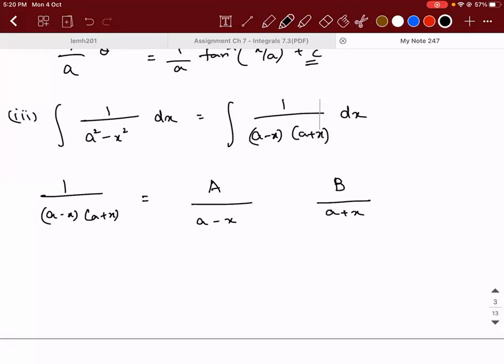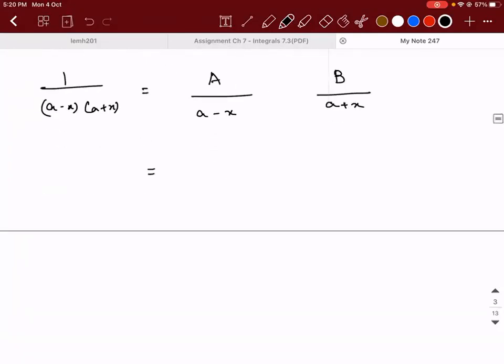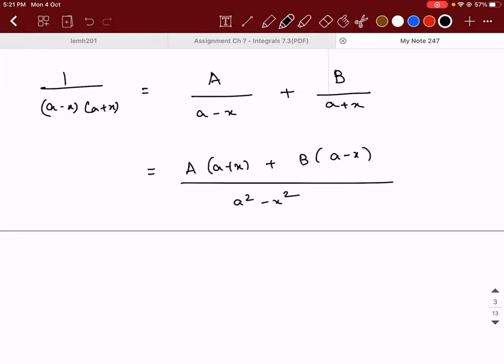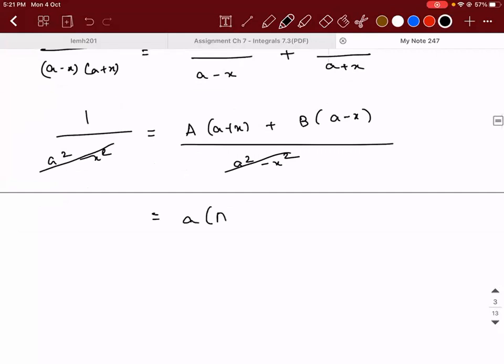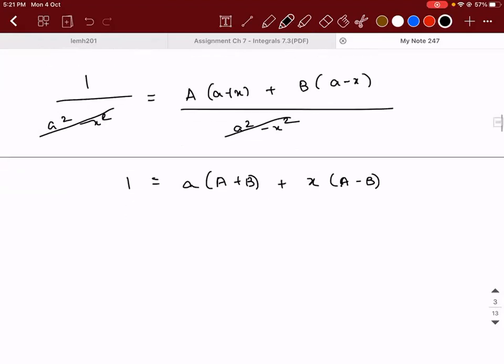What are we supposed to do? Capital A into a plus x plus capital B into a minus x divided by a square minus x square. This is 1 by a square minus x square. This and this will get cancelled. Small a into capital A plus B plus x into A minus B is 1.